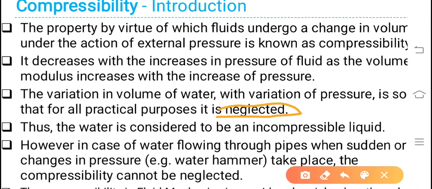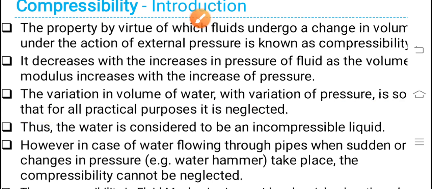This you remember. Variation in volume of water is so small that it can be neglected. Thus, the water is considered to be an incompressible liquid. Incompressible is a single word.